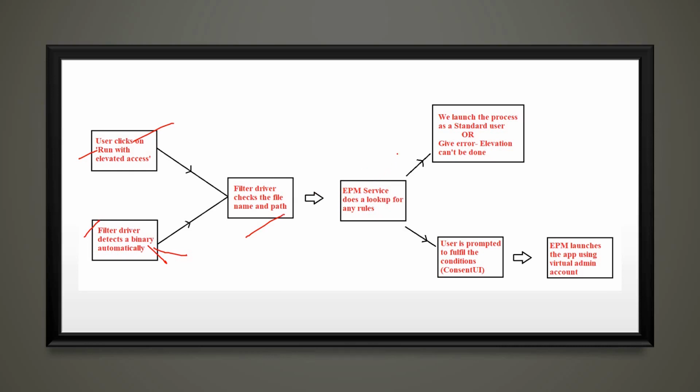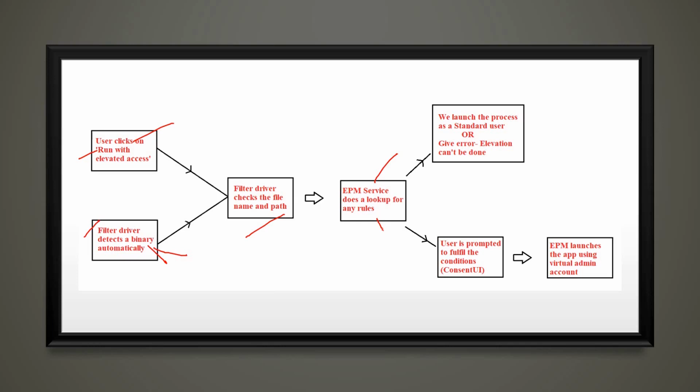Now EPM service is going to do a lookup for all the rules. It's going to do a match, it's going to do a lookup. So either it's going to pass or it is going to fail. Like for example, let's say that the name of the application that I have launched is notepad++.exe, and I have provided a path or I have provided a hash rule in the policy.